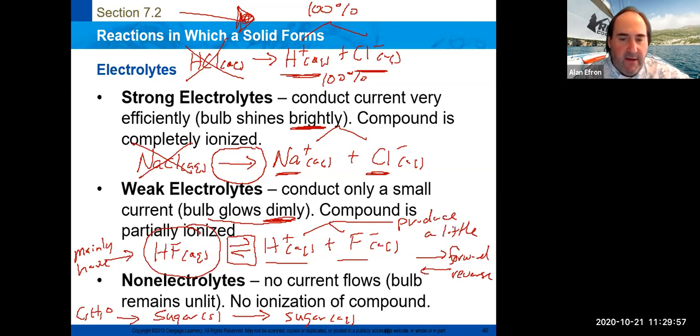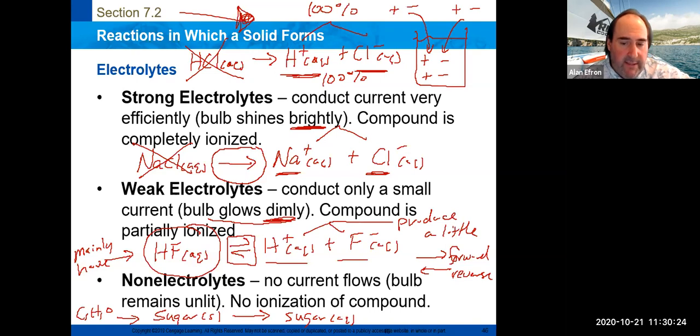So how does this affect things when we dump solutions together that have ions? We've got some positive and negative ions coming in, maybe from two different solutions. If it is a strong electrolyte, we would expect all those ions to be separated in solution.